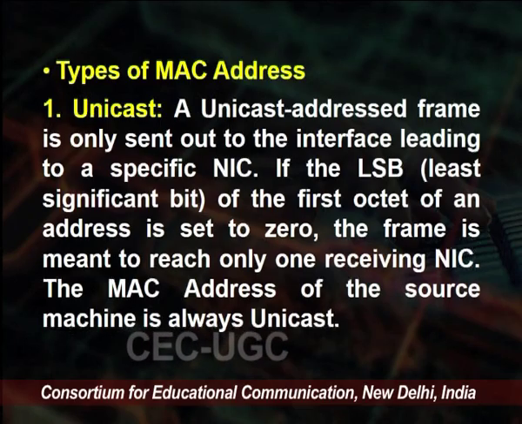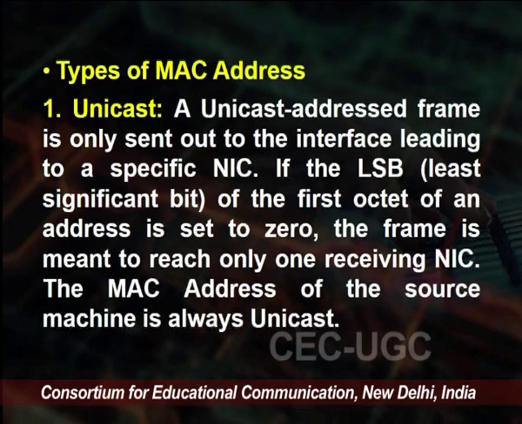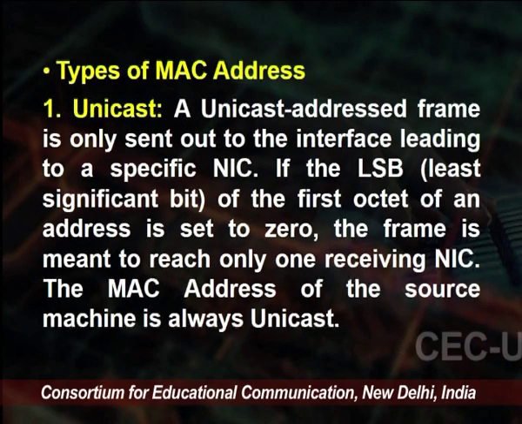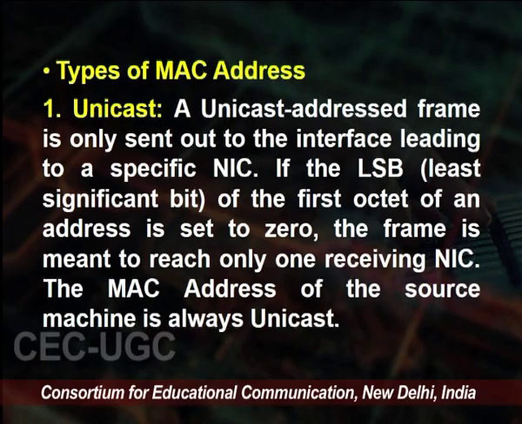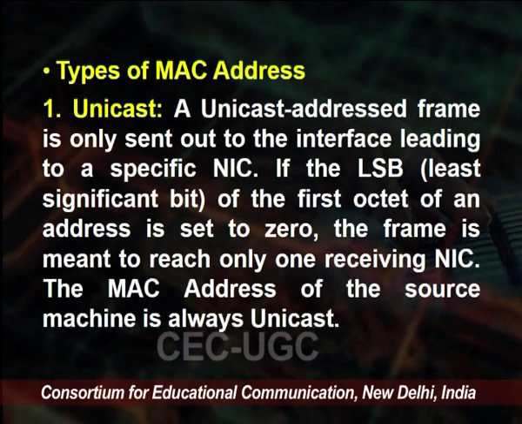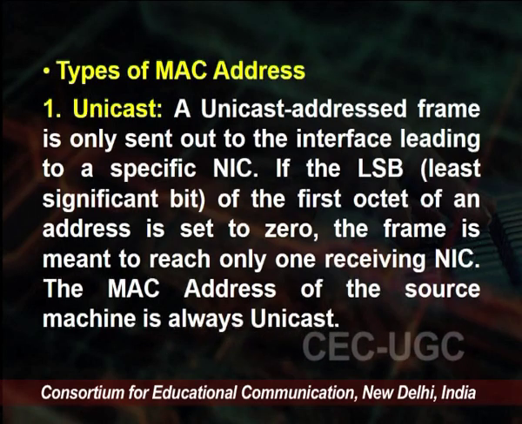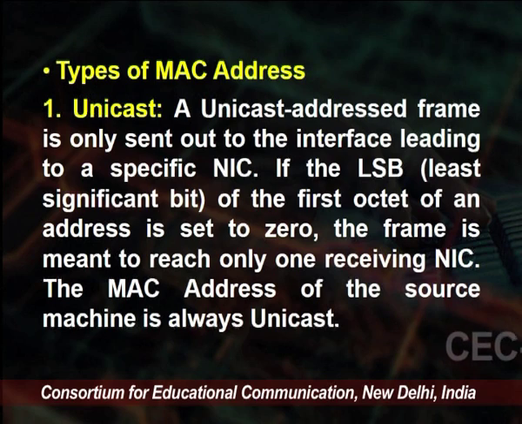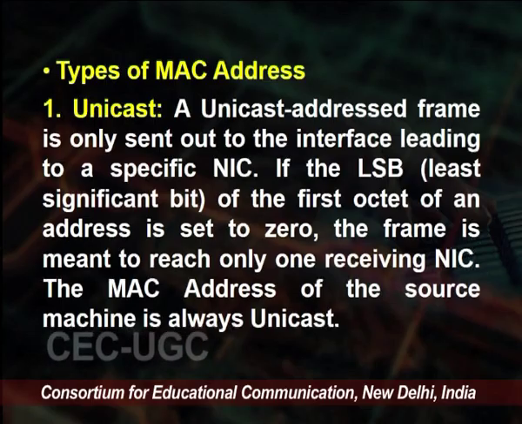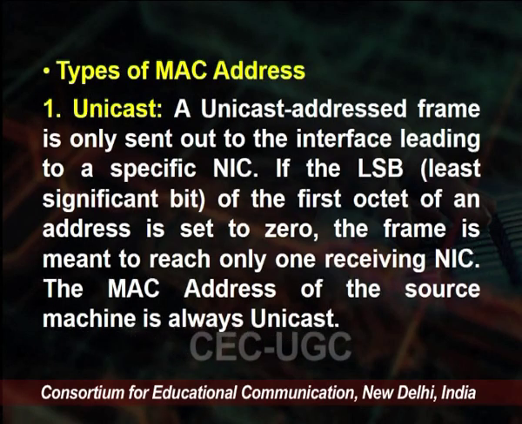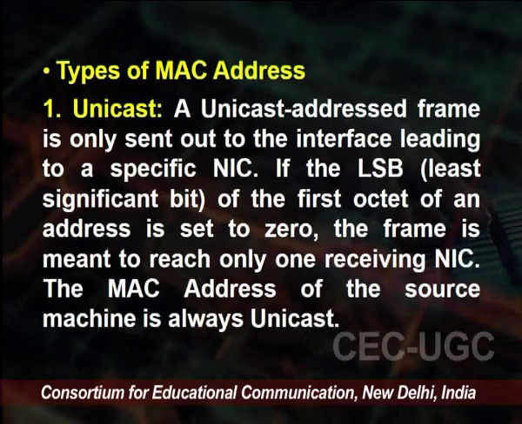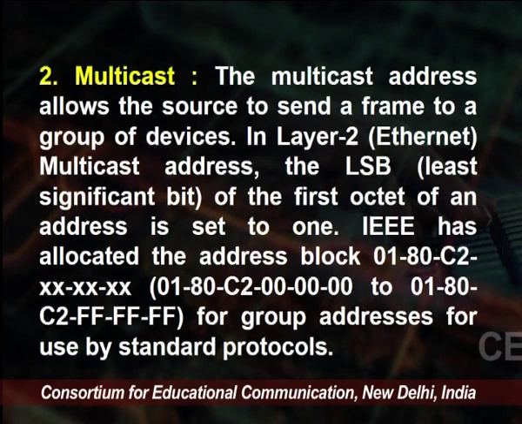In the format, we have looked into the first octet and the second octet of the MAC address. The least significant bit of the first octet of an address is set to 0, and the frame is meant to reach only one receiving NIC. In this case, the MAC address of the source machine is always unicast.